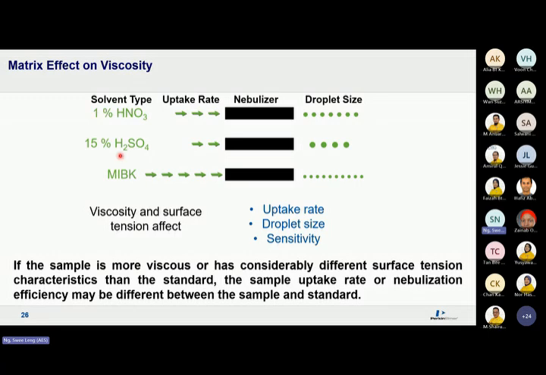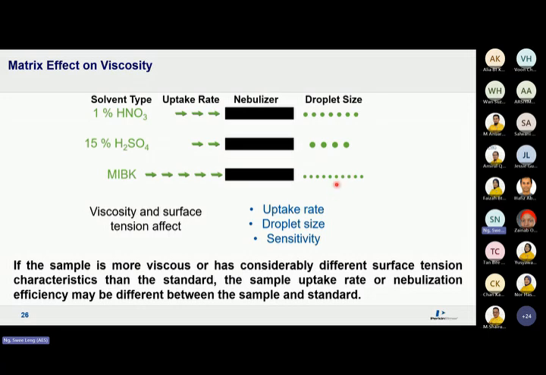So therefore, you cannot say the sample is organic and I use the aqueous calibration to run. It's not. If your sample is organic, let's say palm oil or lubricant oil, they dissolve the sample in solvent. They will use a calibration curve with the same type of solvent, so that you have the same type of flow rate. And then once you go to the nebulizer, you will form the same type of aerosol, with droplets of the same size.